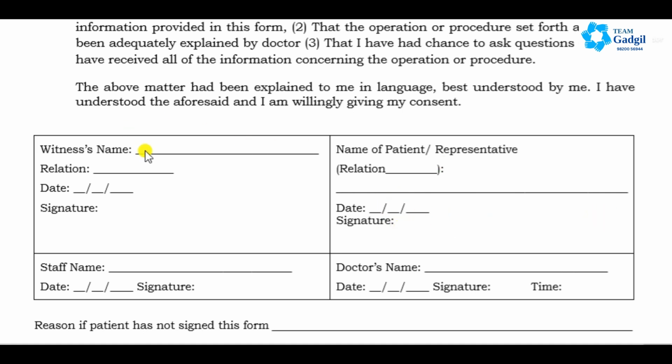Now this is the witness name, where you can take a third party as witness, with the relation of the witness, date, and signature. Now this is the staff nurse who is taking the consent, who has to sign here, and this is where the doctor's name and his signature are required. His signature and time are the most important things of this consent form.